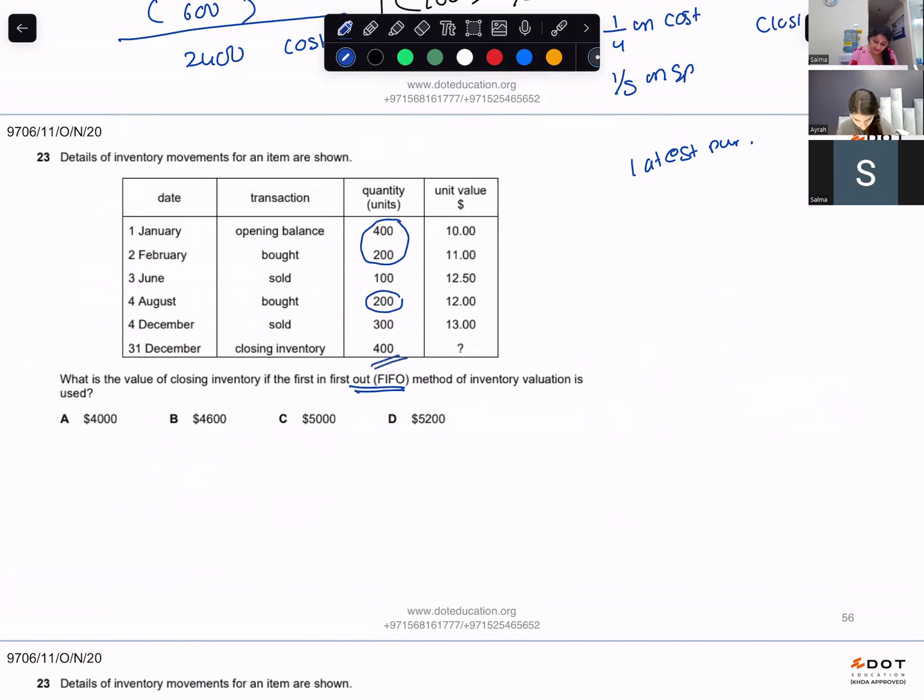Closing inventory is 400. It will be valued at latest production, that is 200 into 12 and 200 into 11. So it'll be 2,400 and 2,200.